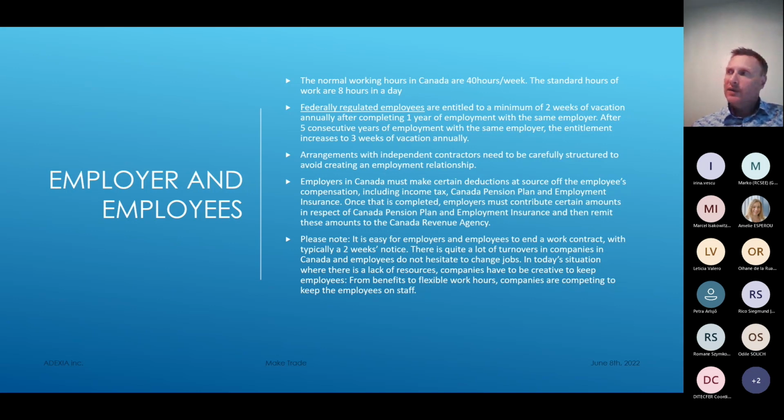The way salary is paid in Canada, you always get your salary net, and it's the employer's responsibility to pay for unemployment and all the different contributions that need to be made. Unemployment is the main one, but also a pension plan and so on, and the main one obviously being the income tax.